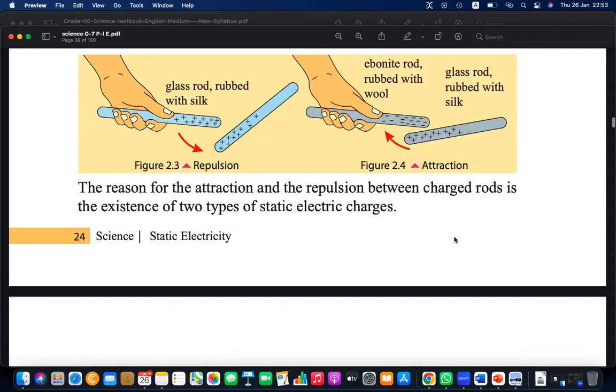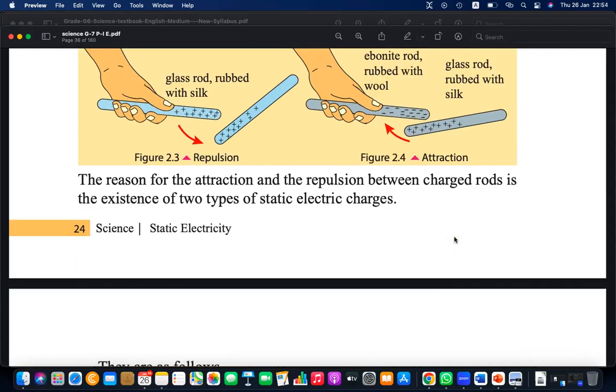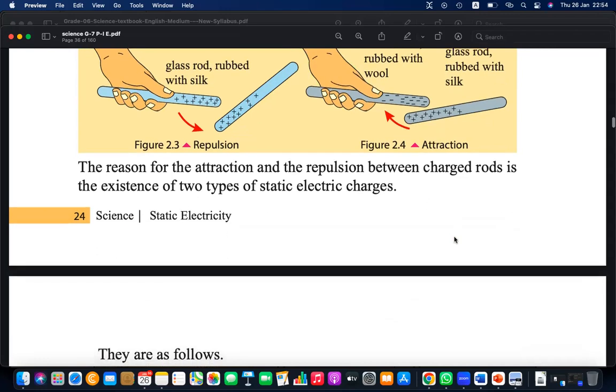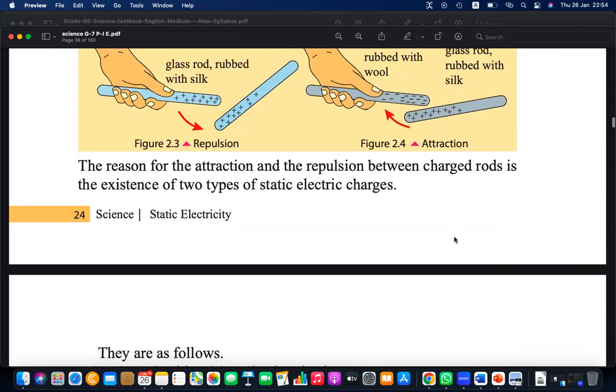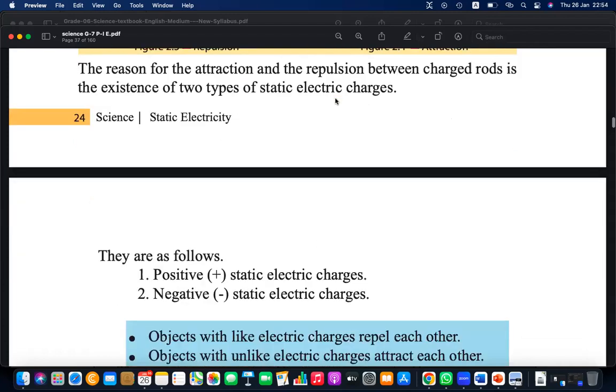So you can identify there are 2 kinds of charges in static electricity. Some are negatively charged and some are positively charged. So repulsion happens when 2 negative or 2 positive are closer, but attraction happens when 2 kinds of rods are closer. Right? You saw that in the paper example also.